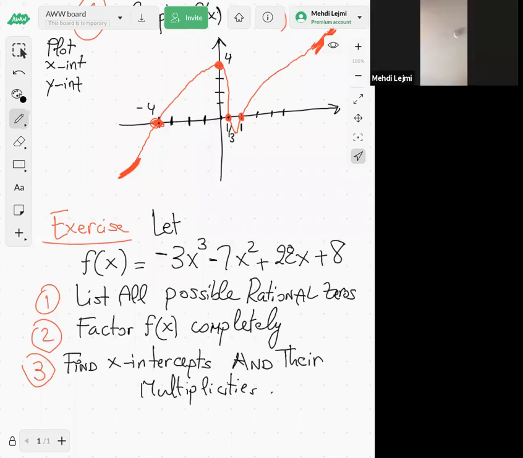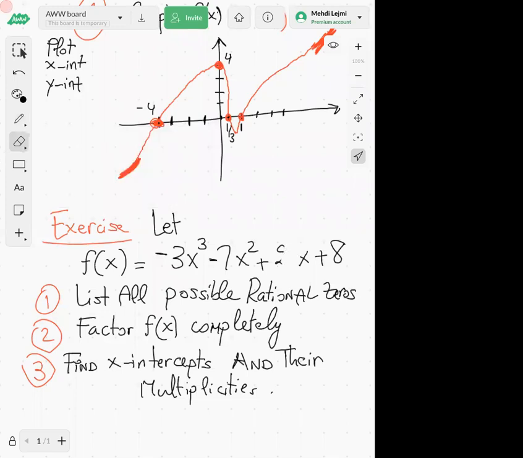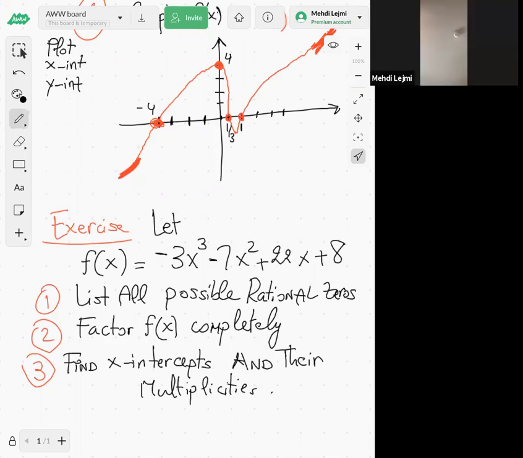No, that's 22. Yes, this is 22. And this is negative, minus 7.